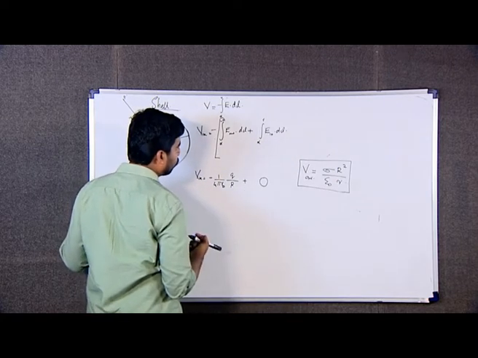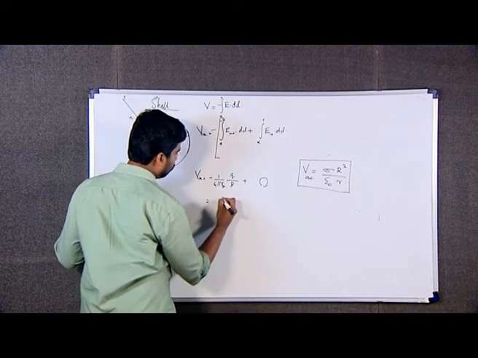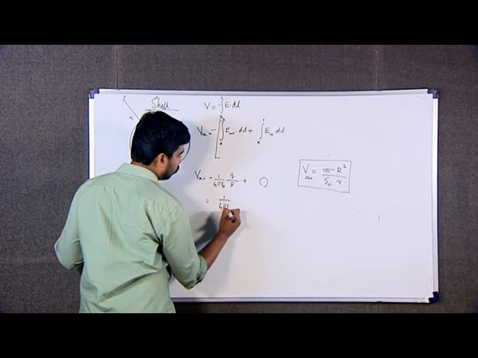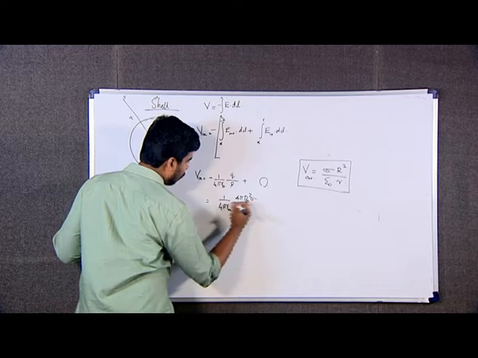According to Gauss's law, we have proved that inside the shell the electric field is equal to 0. So, only the first term will survive, which is equal to 1 by 4 pi epsilon 0, 4 pi r square sigma by r.